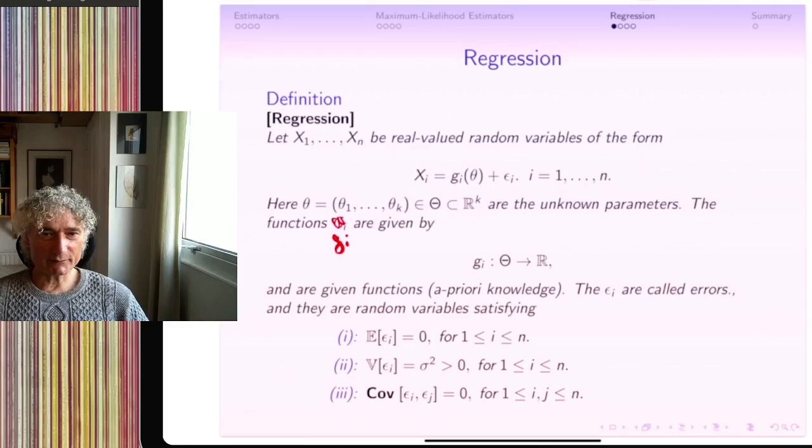That means more or less that they are statistically independent errors. Each random variable x i has its own error, which can be investigated statistically independently from the errors of other random variables. This is exactly what you have here in condition 3.